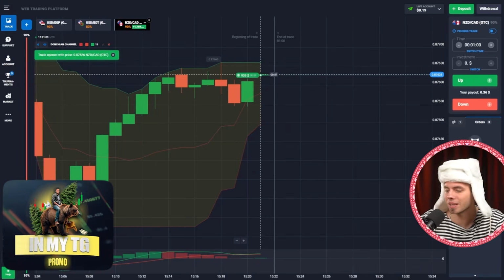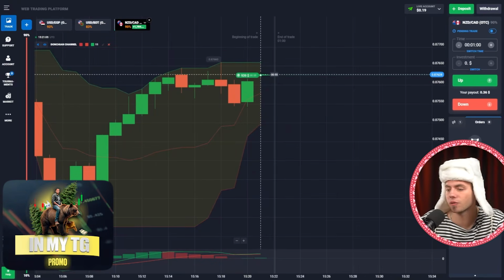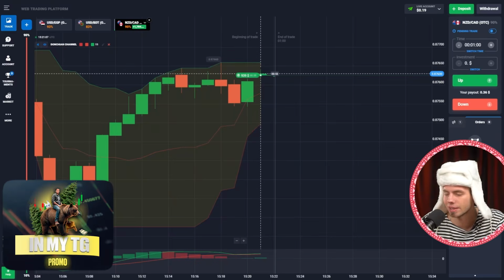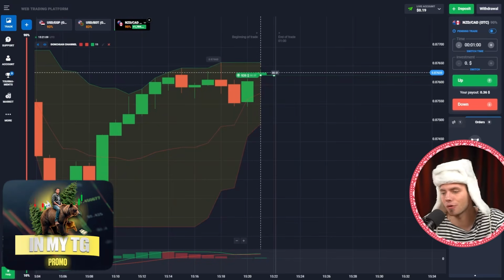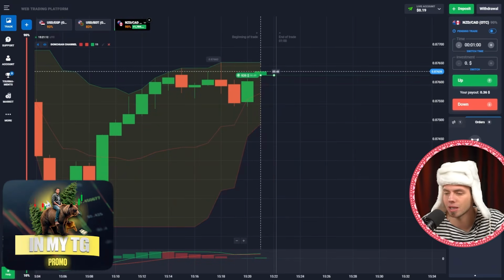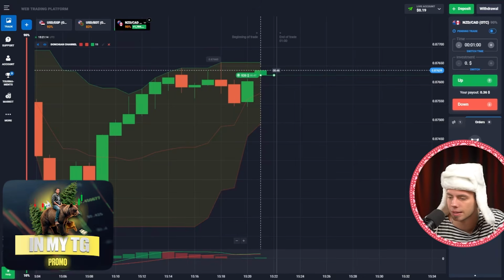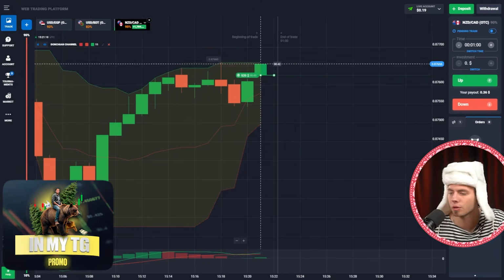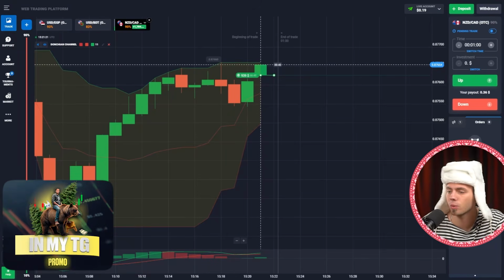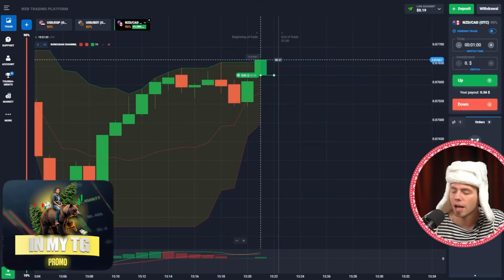Why? Here is a pretty obvious situation. First of all, we have this middle line over here, and right now it is a very strong support level, because you see we tested it at 1520, but we rebounded from it, and basically right now we have a tendency to growth.